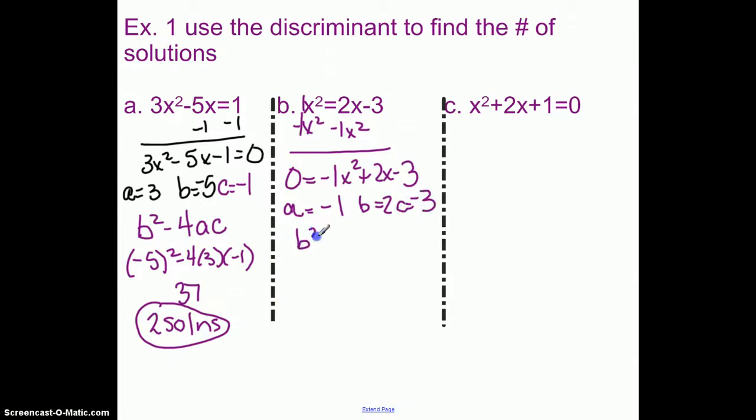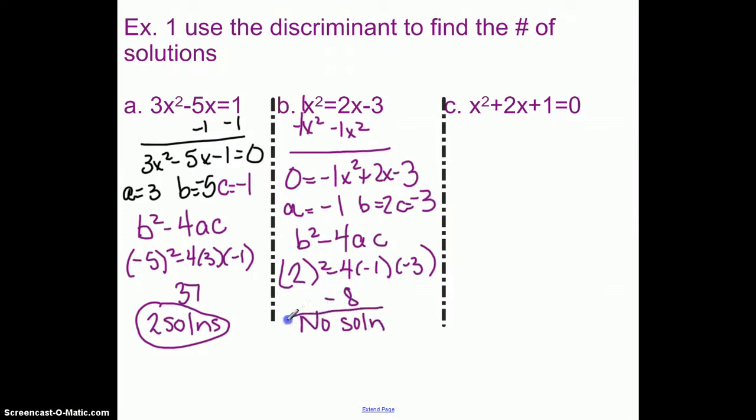So now I'm going to go into this and start plugging in my values. So 2 squared minus 4AC. So if I were to put this in my calculator, I'd end up with -8. And remember, if it's negative, that means that there's no solutions that will work for this.